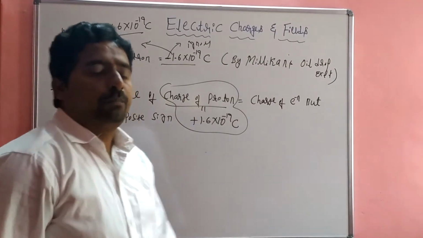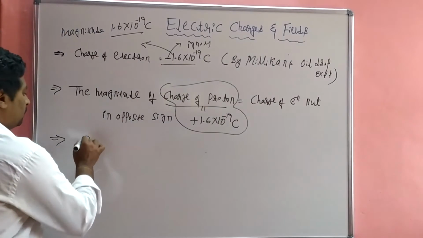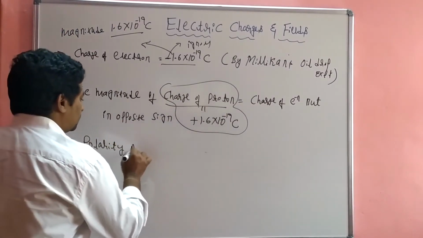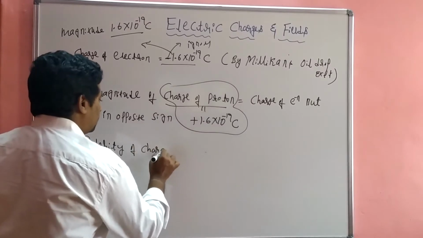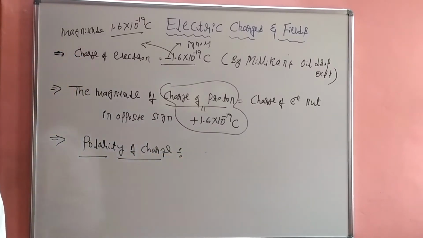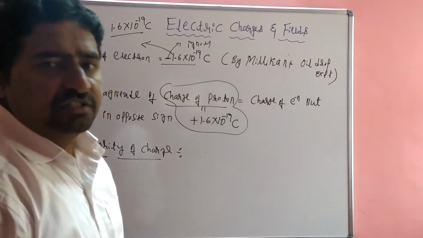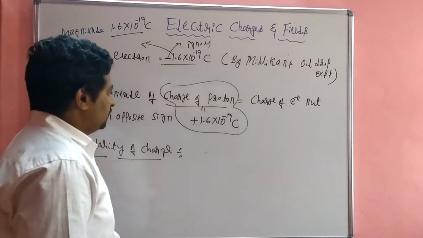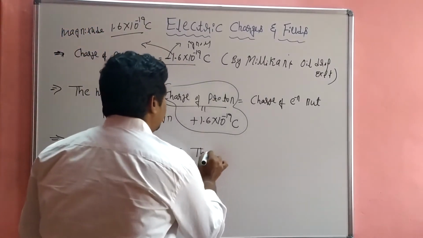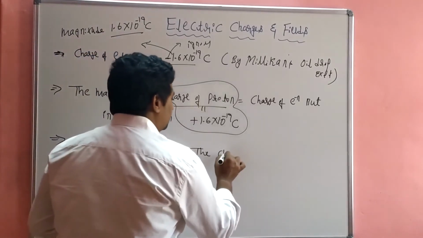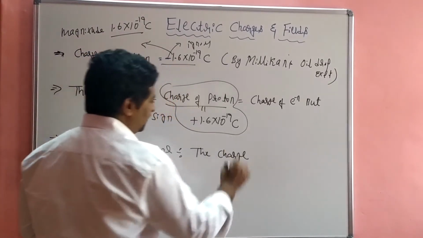Then, polarity of charge. What is the polarity of charge? The charge is differentiated into two kinds, called the polarity of charge. How is the charge differentiated?